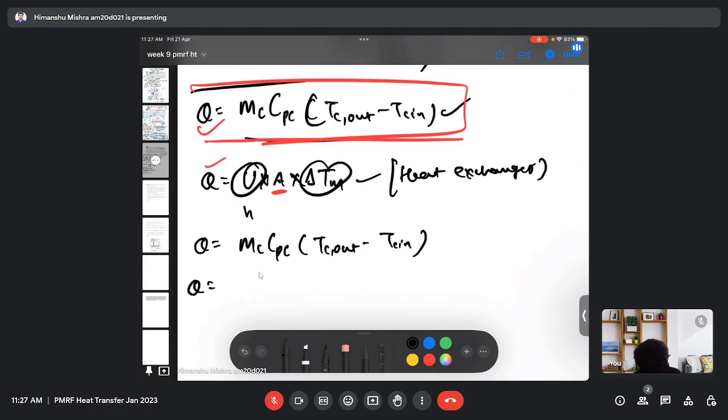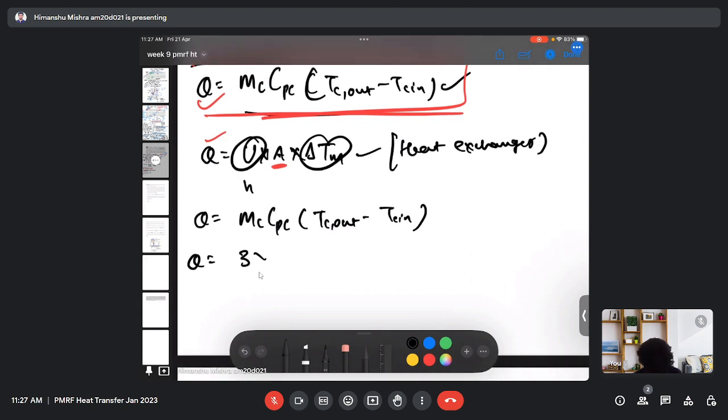So just putting in the values. I'm writing Cp in kilojoule per kg degree Celsius. My temperature difference is 80 minus 17, where 80 is my cold fluid outlet temperature and 17 is my cold fluid inlet temperature.